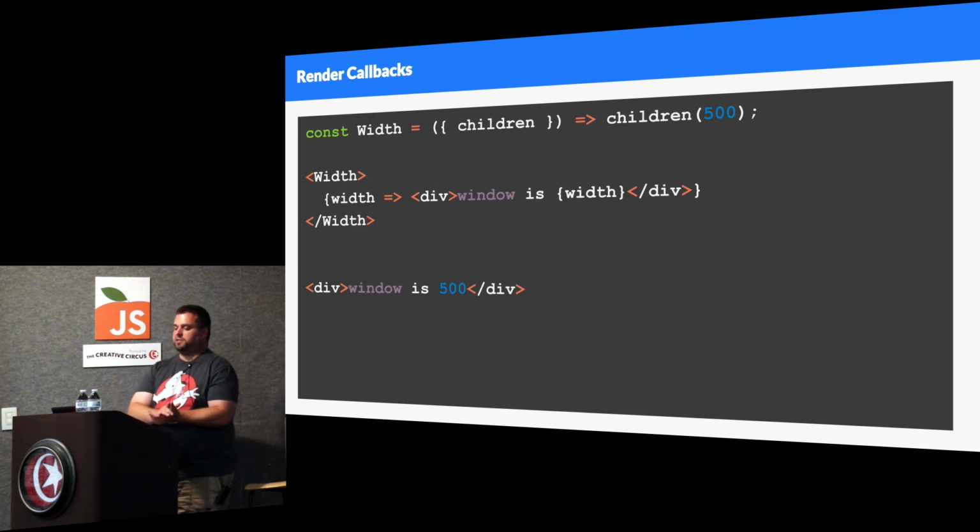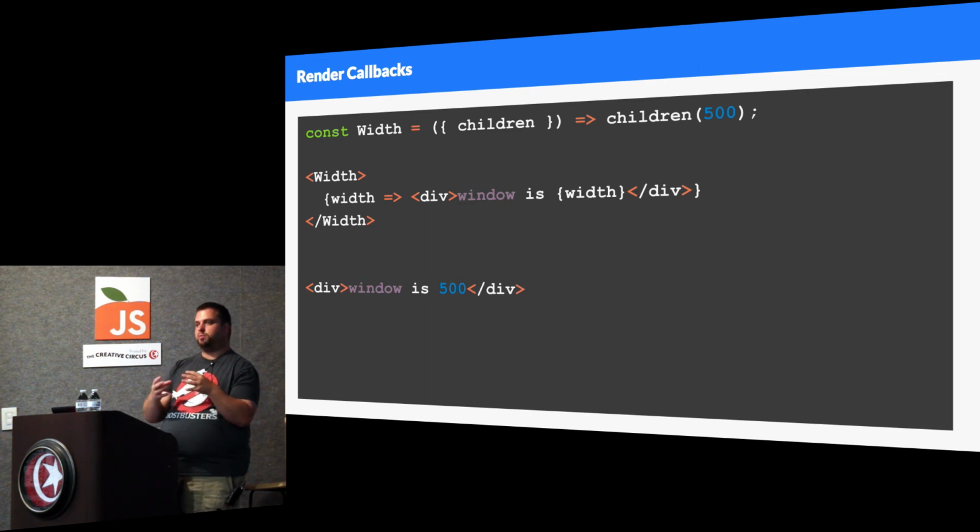But you'll see here is a width component that takes in some children, and the children is run as a function, and it's passed in 500. So when you want to write this, you write the component width, and then you pass in where the width is, say that you're just passing in whatever the window width is, and in this case it was 500. So it would render out window is 500 because it's running that function in the middle of this component.